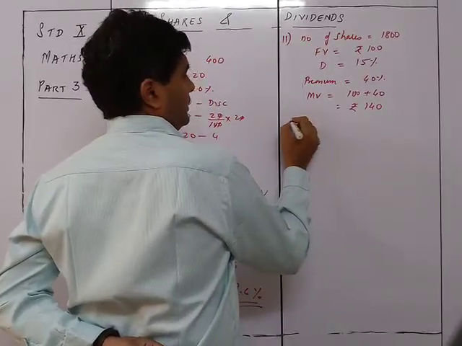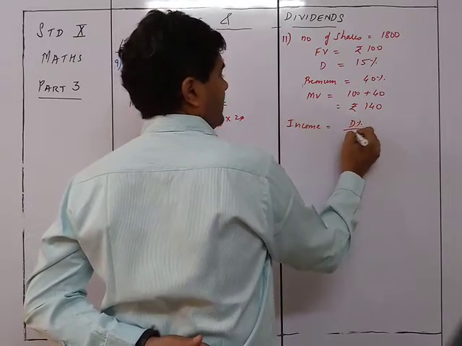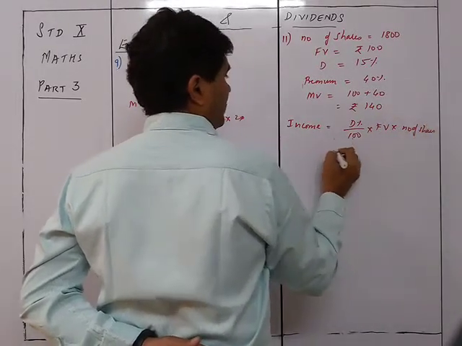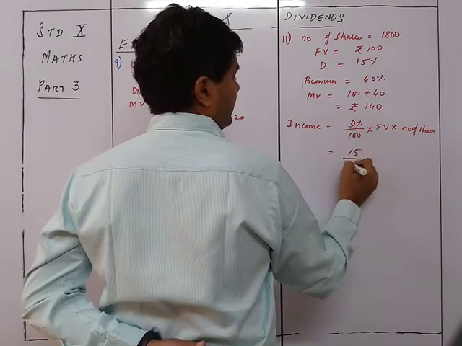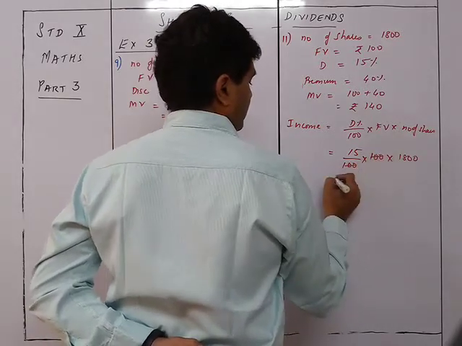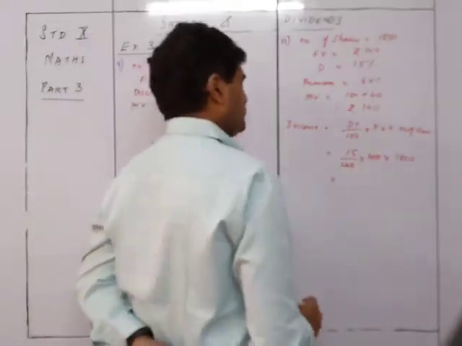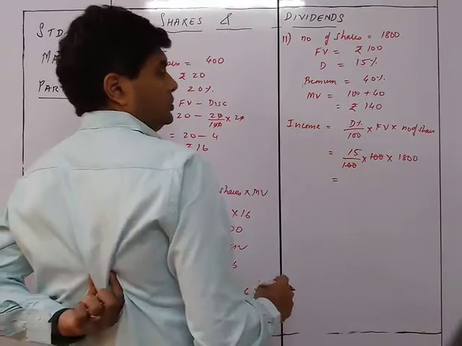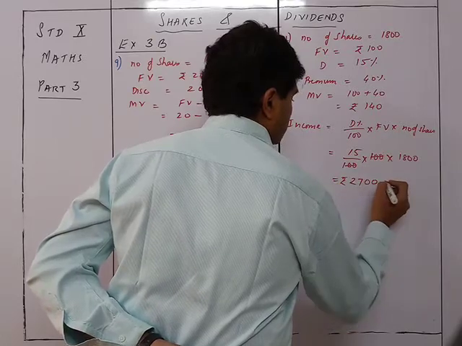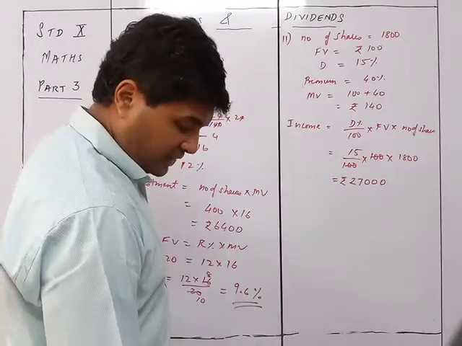So the income or the dividend for the year is going to be dividend percent upon 100 into FV into number of shares, is equal to 15 upon 100, FV is 100, into number of shares is 1800. Okay, 18 into 15 is 270, so it is 27000. So income is rupees 27,000.